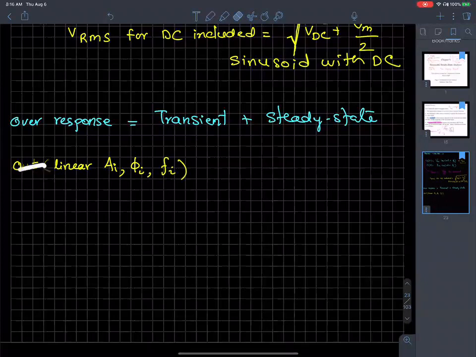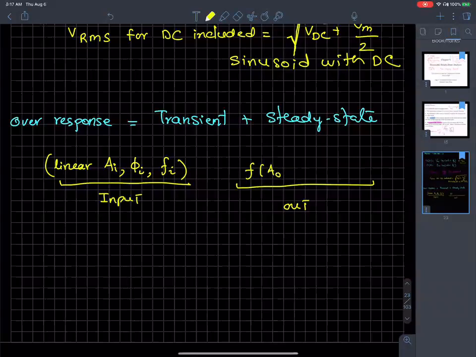If these are your inputs to a linear circuit, the output is going to be a function of amplitude A_O. So there's going to be a different amplitude. The phase is going to be different, but the frequency of the output is still going to be the same.